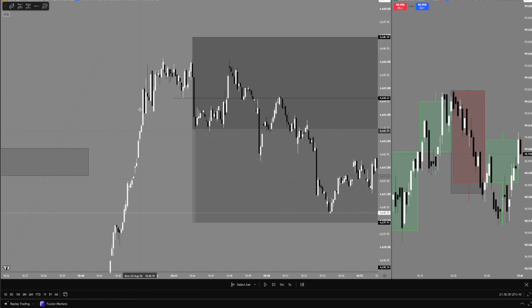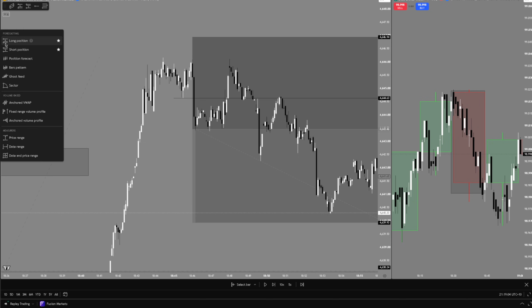But we have this structure low that isn't there on the 1 minute, so I would have to go off this structure. And this isn't just good structure because of the high volume. So we have this low here, then these lows here, invisible lows, I'll call them. I like to enter off 1 minute candle lows and then the next viable structure on the 5 second, which I've done there.